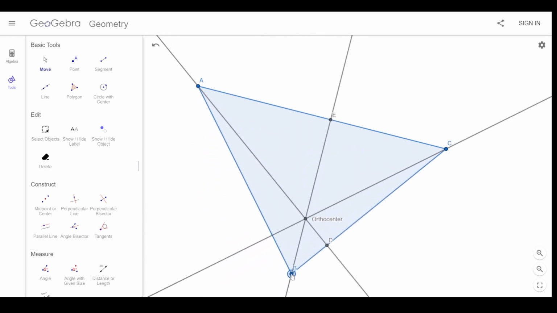Now, remember yesterday we talked about the distance, and I talked about it like 4 or 5 times already today, that the distance from the circumcenter to the vertices was the same. Is that necessarily going to be true here? No, because look, from here to here is definitely not the same distance as it is from here to here or from here to here.